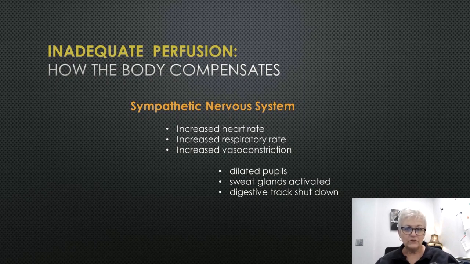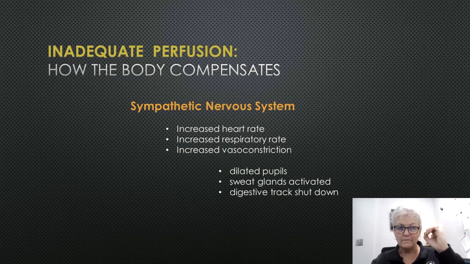Now, we know our circulatory system should be a closed system. There shouldn't be any leaks. If there is, that maybe is the cause of our lack of perfusion. But if it is a closed system, if we take our pipes and make them smaller, we still have the same amount of blood and we still have the same pump pumping.